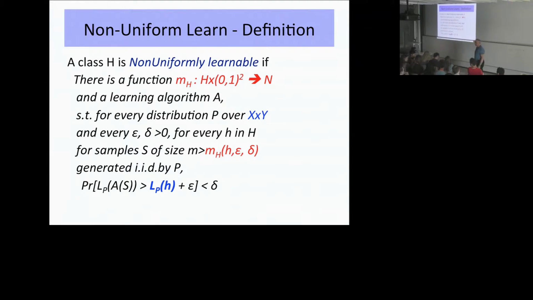But how is that different from the setting before? There we also had the right. It was a more demanding setting. Before, I didn't even allow you to depend on H. We just said M of epsilon, delta. It was a stricter requirement. Here, with every different probability distribution, it may bring another H to the front, and I'll look at this H and tell you how much I need.